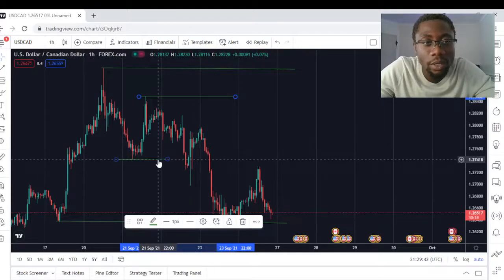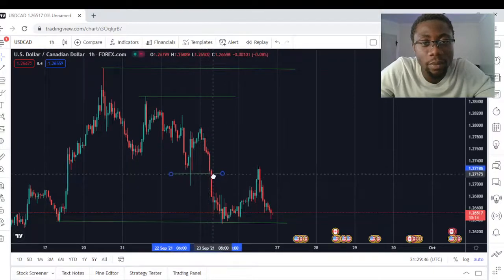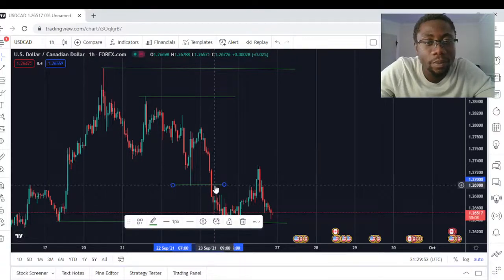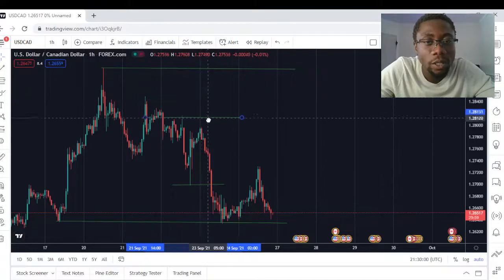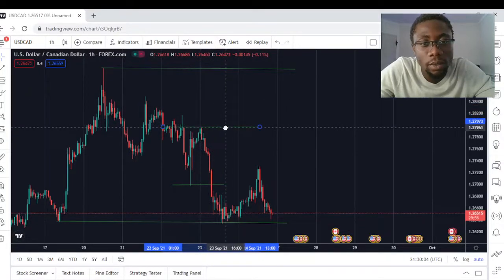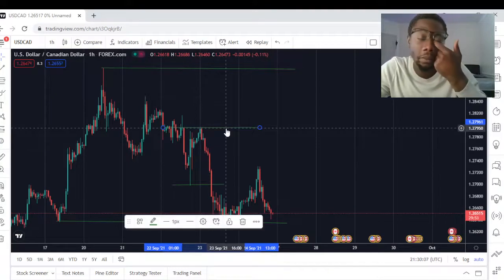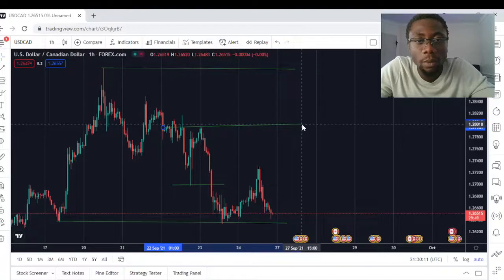So with this situation, we're going to go ahead and move this level now to here. And then since price failed to make it all the way up there, we're going to go ahead and put this level right here. We're going to extend this level over more.